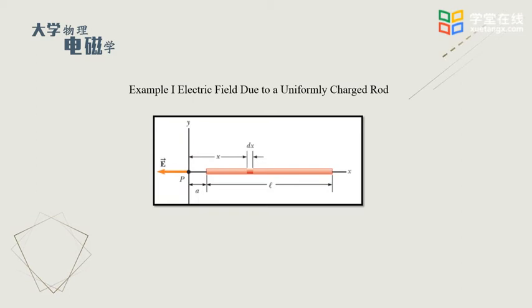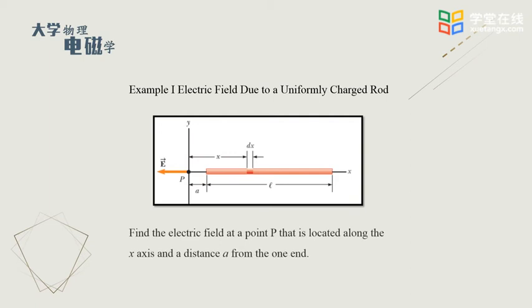Now let me give you some examples to show how to calculate the electric field due to continuous charge distribution. In the first example, we wish to find the electric field due to a uniformly charged rod. The length of the rod is L, the linear charge density is lambda, and the total charge carried by the rod is capital Q. Please calculate the electric field at a point P that is located along the x-axis at a distance a from one end.